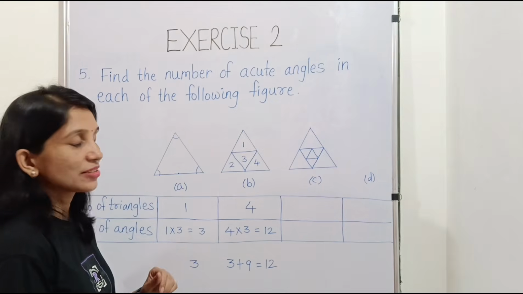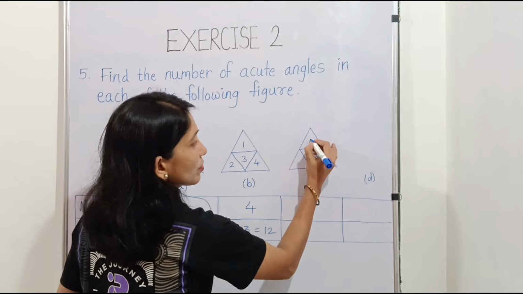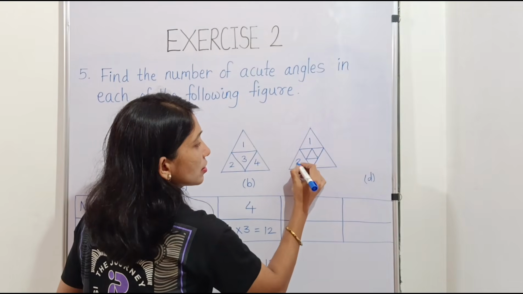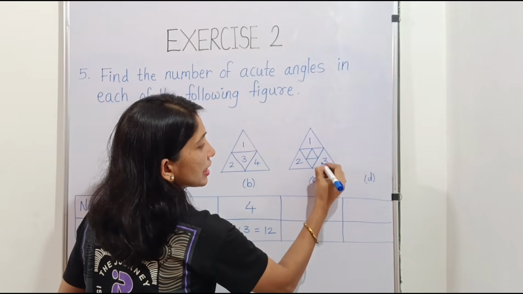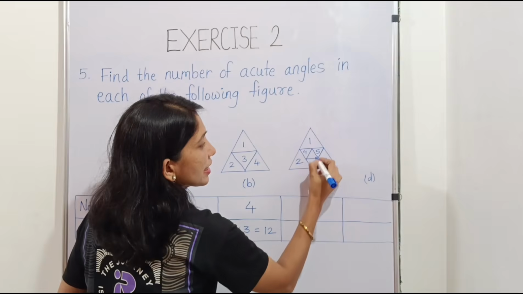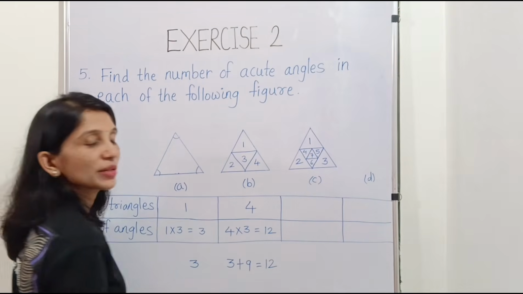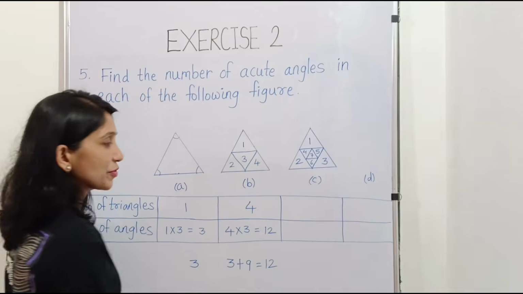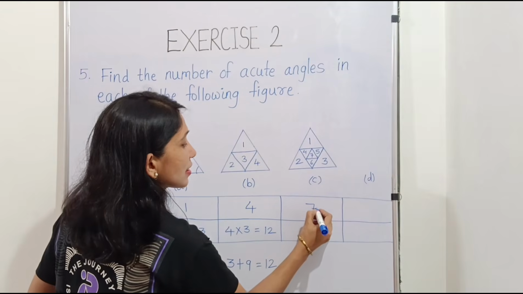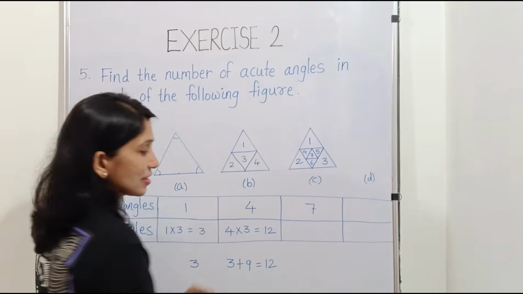Let's see our third figure. How many triangles are given there? Let us count. 1, 2, 3, 4, 5, 6 and 7. Number of triangles: 7. Each triangle has 3 angles.